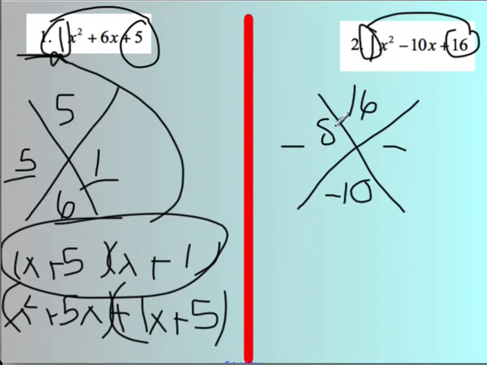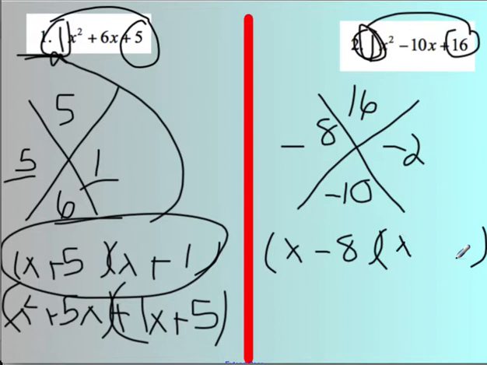So I'm going to use a negative 8 and a negative 2, because that's going to add to a negative 10, but it's going to multiply to a positive number. Because, again, this is 1, I can immediately put this into factored form. One of my factors is going to be x minus 8, and the other is going to be x minus 2. I'm going to repeat again that this only works when that coefficient is 1.